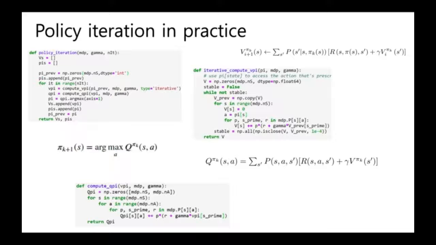Here is the implementation code of policy iteration to solve the frozen lake problem. Here's the policy iteration function, and here is the loop to iterate the policy update.